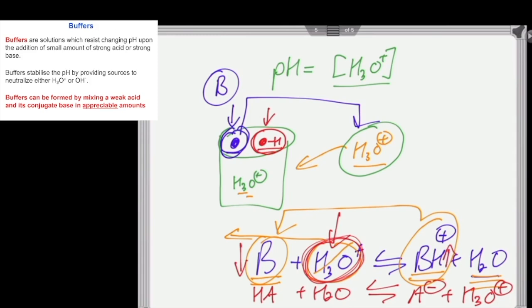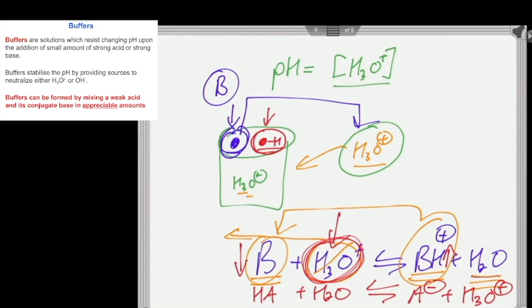So the conjugate acid-base pair is really acting like a spring. This is what we mean by like a battery. Having both enough, what we say is an appreciable concentration. We mean there's enough of it dissolved in solution. If I have both of those in solution, then what's going to happen is the B concentration will drop and the BH concentration will increase, or vice versa, depending on if I'm adding an acid or base to the solution.